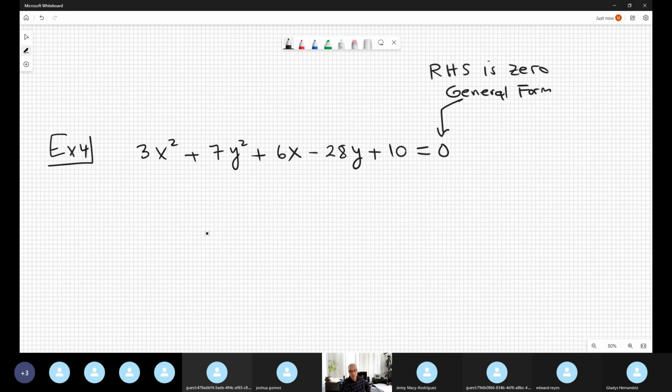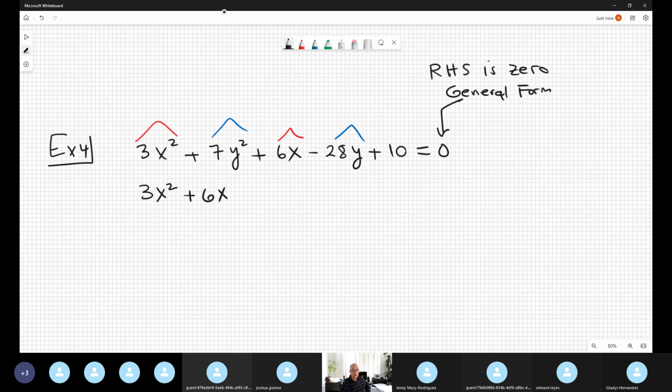I don't see center, I don't see foci, I don't see anything. You need to manipulate. How do you manipulate? Easy. You take, for example, the x part. The term can contain x, and the term can contain y, and you separate. You separate like that. 3x squared plus 6x together.